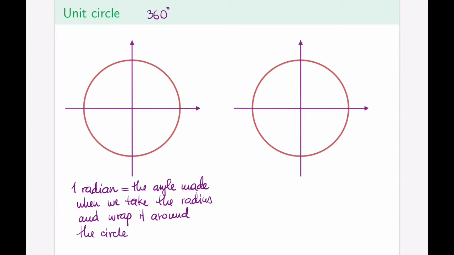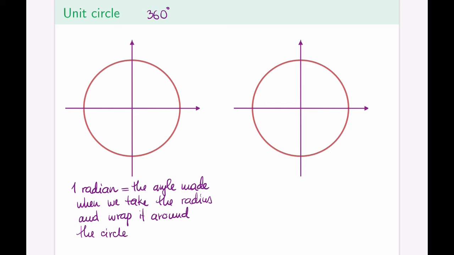1 radian is the angle made when we take the radius and wrap it around the circle. Let's see how that works. So this is my radius. If I can take this length and lay it down on top of my circle to the point where what I have is this sort of circular equilateral-ish looking triangle, then the angle made by this angle is exactly 1 radian.